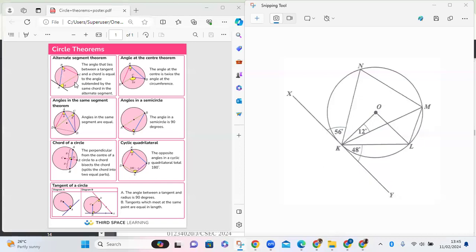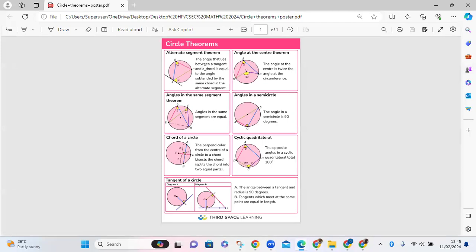The way the alternate segment theorem operates, it says that the angle that lies between a tangent and a chord, okay, so the chord here is AC they are talking about, and the tangent going across here, is equal to the angle subtended by the same chord, meaning that angle up there, subtended because AC is a chord, from C going up to B now.